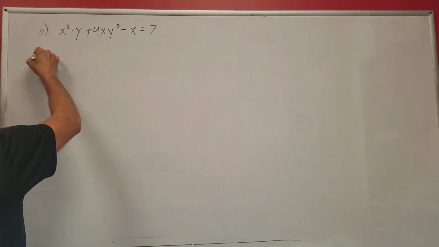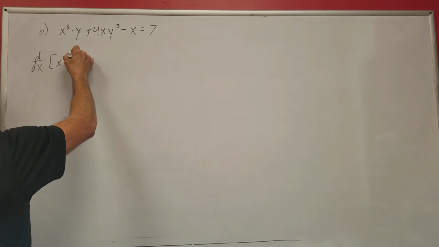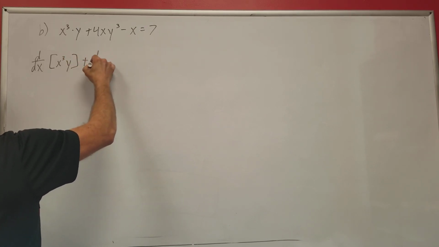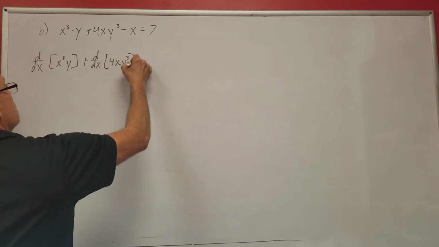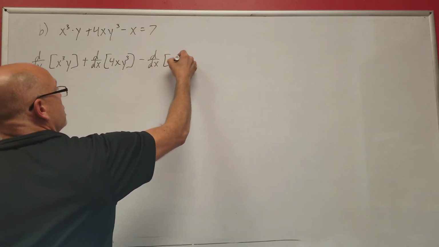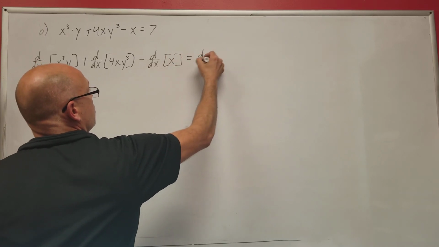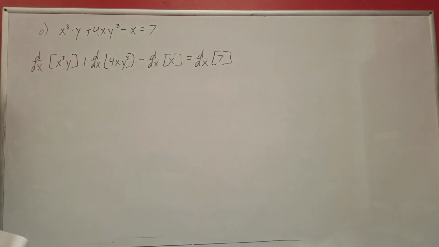So I'm going to take the derivative with respect to x of x cubed y plus the derivative with respect to x of 4xy cubed minus the derivative with respect to x of x is equal to the derivative with respect to x of 7.